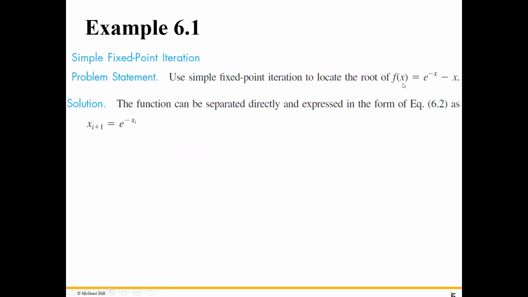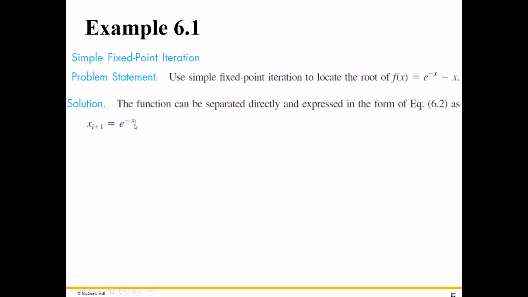For example, if we want to find the solution of e power minus x, the function can be separated directly and expressed in the form of equation 6.2 as this. If we take x on the other side, then it will be e power minus x.